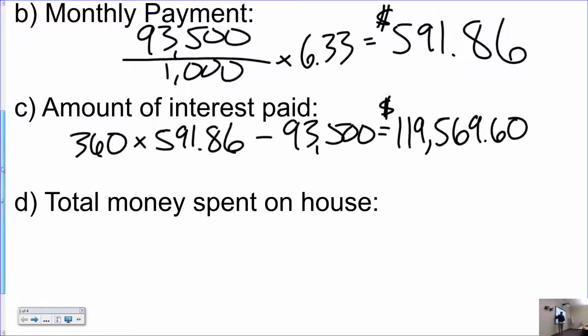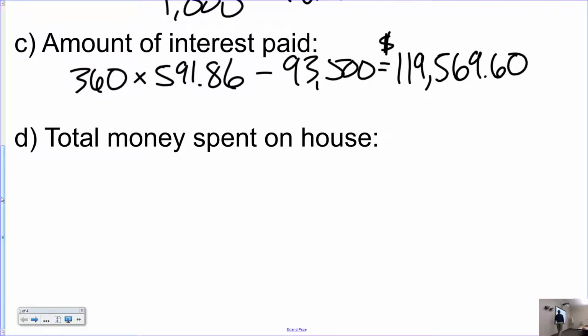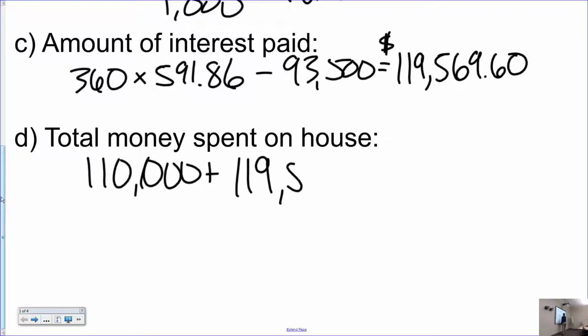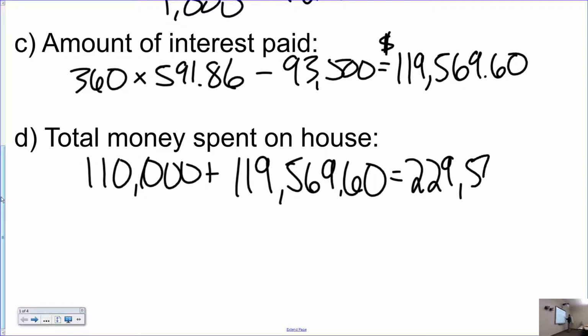So, how much did you really spend on this house? 229,569.60. Price plus interest. Or you can add up all the payments.